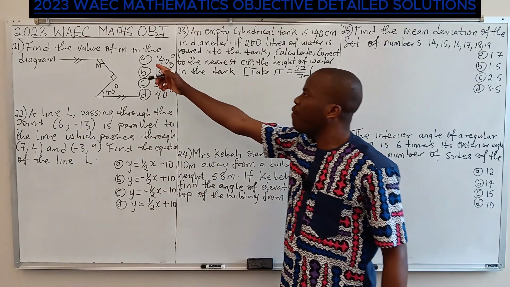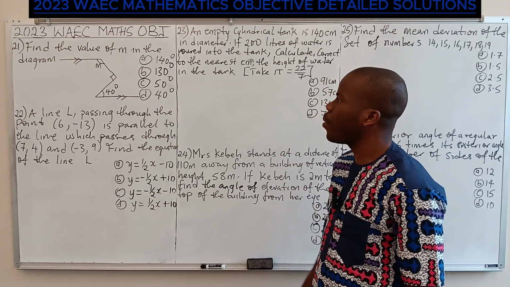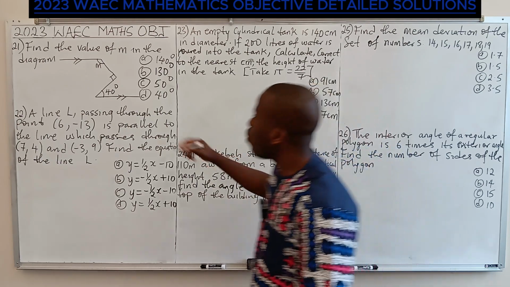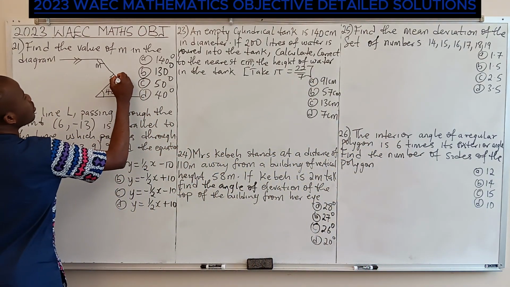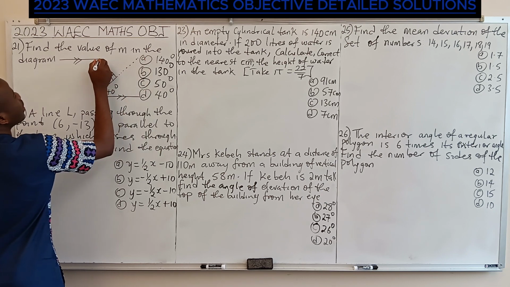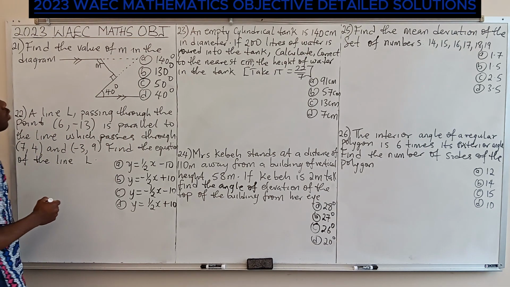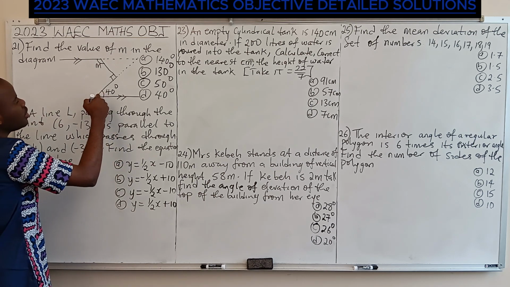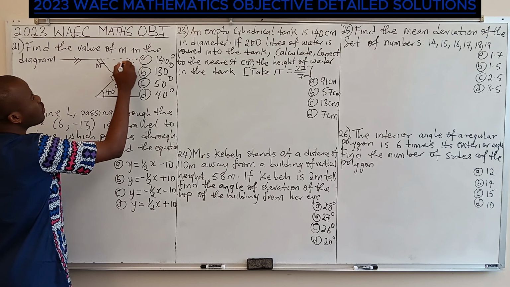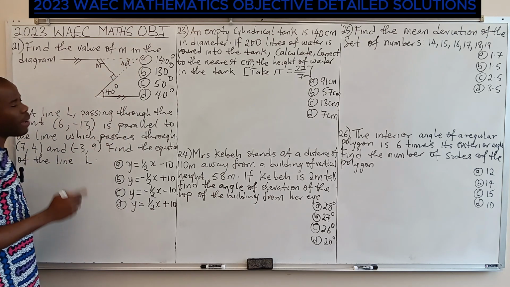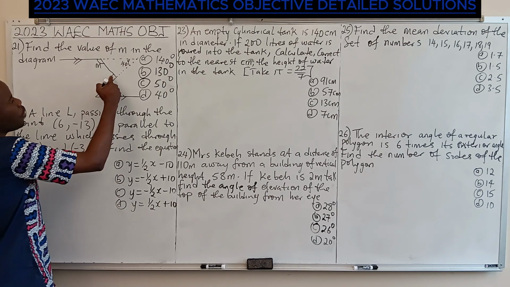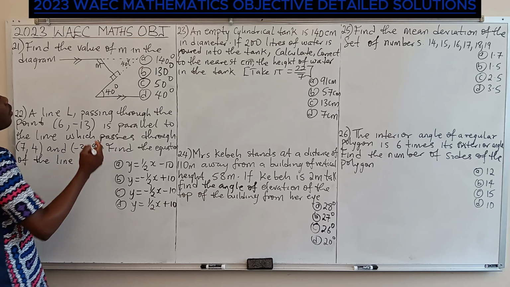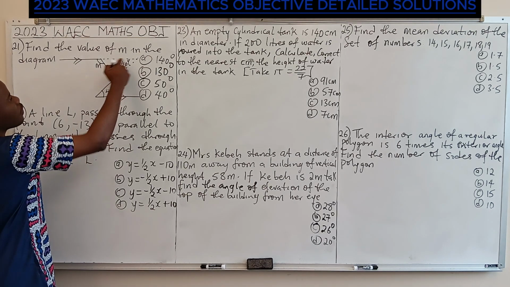21 says, find the value of M in this diagram. To solve this faster, we'll have to do some construction. So I can extend this, and because of that extension, by alternate angles, because here is 40, this is alternate to this, so here is 40 degrees by alternate angles. Also, because this is angle 90, here is also angle 90. And now, since here is 90, here is 40.